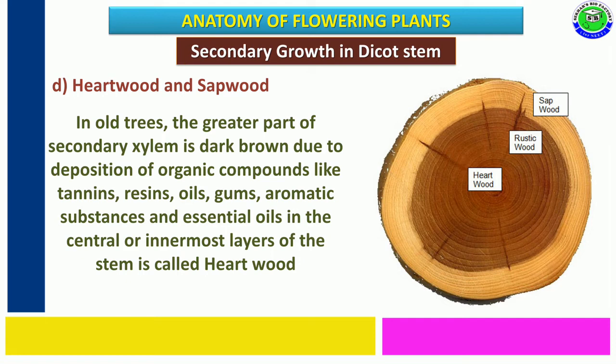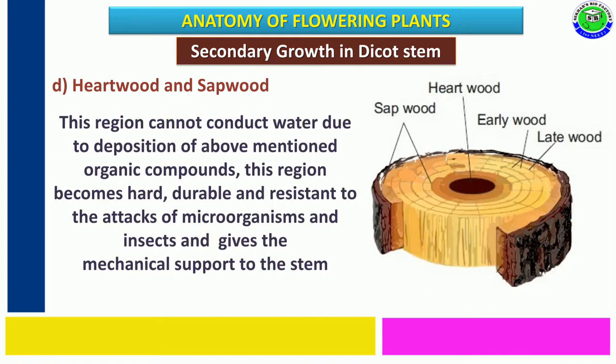In case of older trees, the greater part of secondary xylem, which is present at the center, is dark brown due to deposition of various organic compounds like tannins, resins, oils, gums along with aromatic and essential substances in the center or innermost layer of the stem. It is called heartwood.